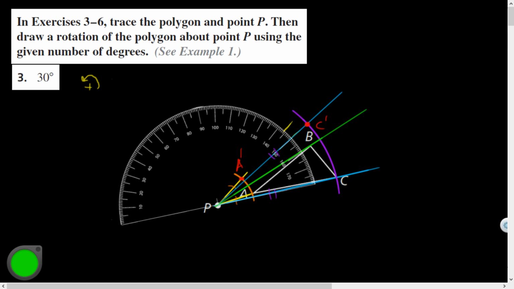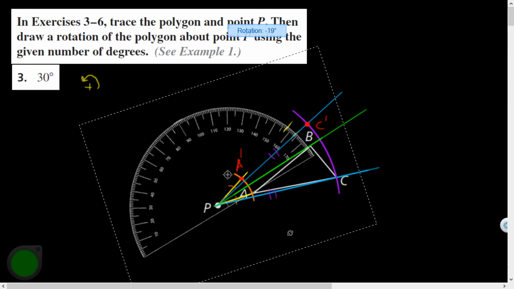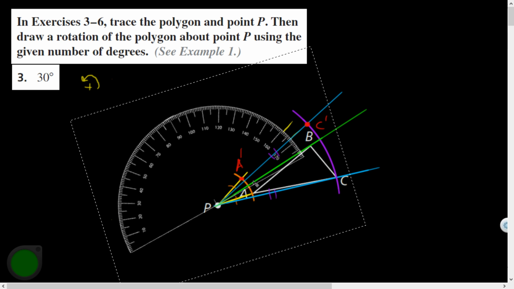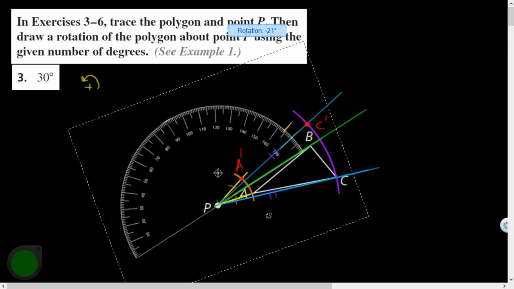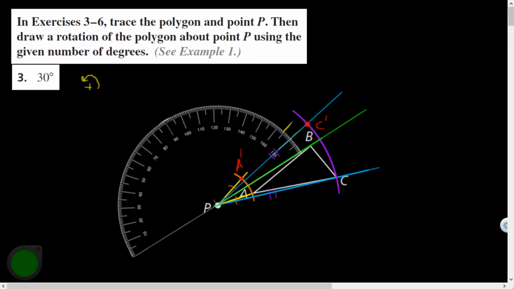I'm going to work in the protractor layer. Hopefully I swapped it back. It'd be funny if I end up rotating a bunch more than I meant to here. We'll see. Ah, phew, wonderful. And so I would line this up such that P is selected and the angle is along that green line. All right, so line them up, something like that.